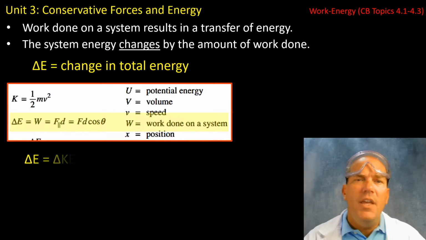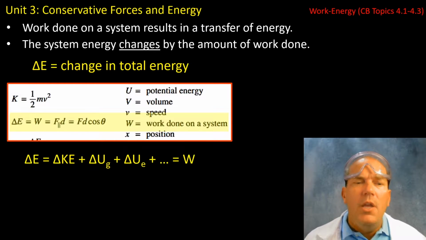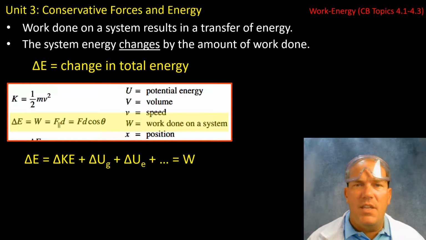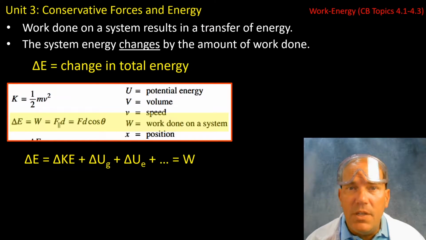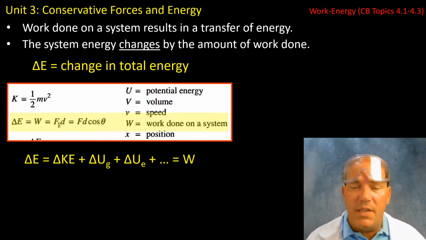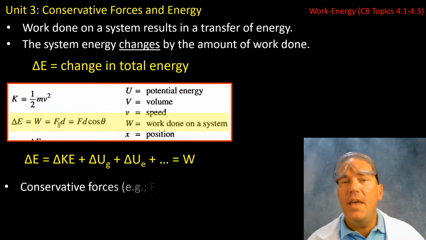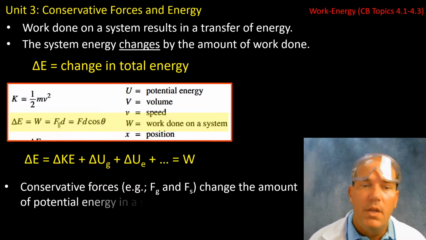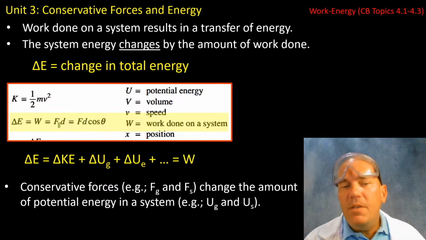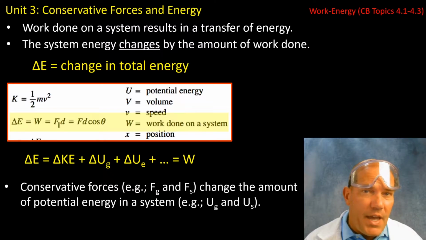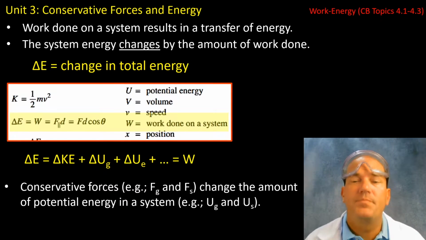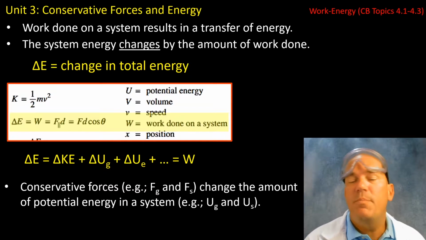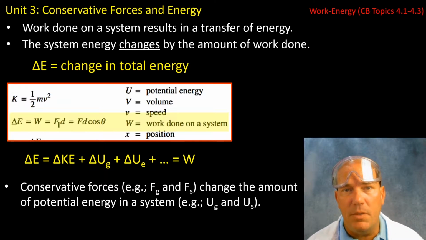And the change in total energy would be the changes in kinetic energy, in gravitational potential energy, in spring potential energy, thermal energy, etc. And that is all equal to the work. Now, a conservative force, such as the force of gravity or the force of a spring, changes the amount of potential energy that's in a system.